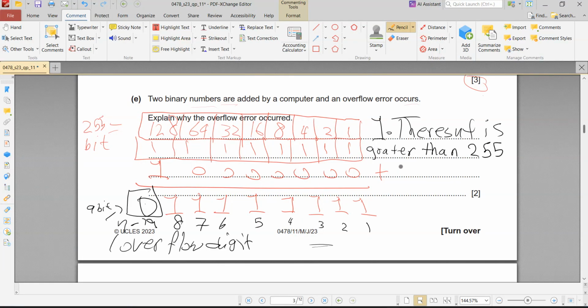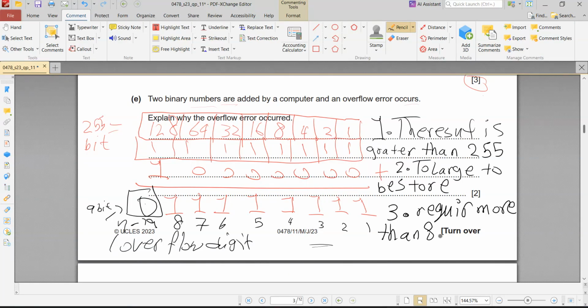Number two, you can also say that it is too large to be stored. Number three, we can also say that it requires more than an 8-bit register.